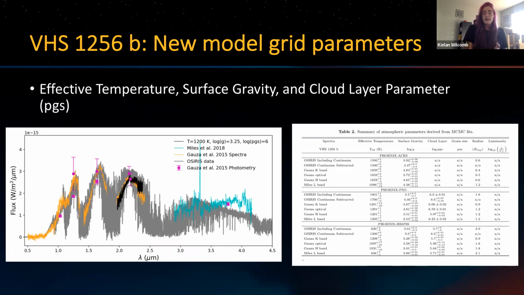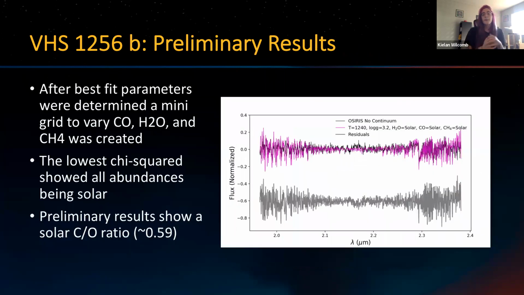We fit all available data and the low resolution spectra and had similar values compared to the moderate resolution spectra. We also fit the host star for temperature, log G, and metallicity, and found out that the host star has solar metallicity. Those fits are not shown on this page.